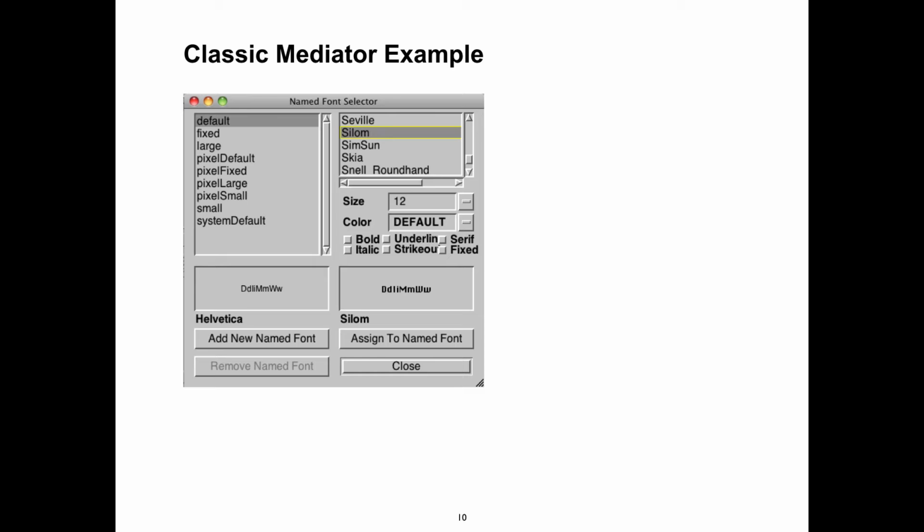And so then how do you organize all the interaction, right? So for one, when we select this list, we could have it directly talk to the size box, and directly talk to this, and directly talk to that. So what you want to do instead is you just tell the mediator, okay, here is the current selected font.